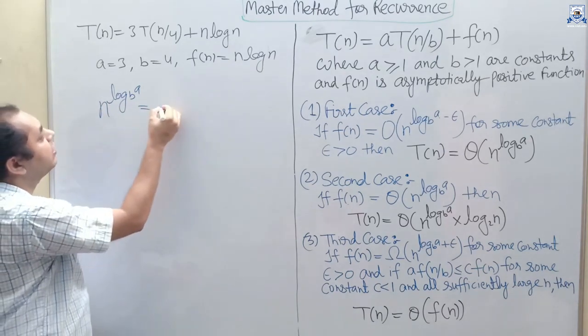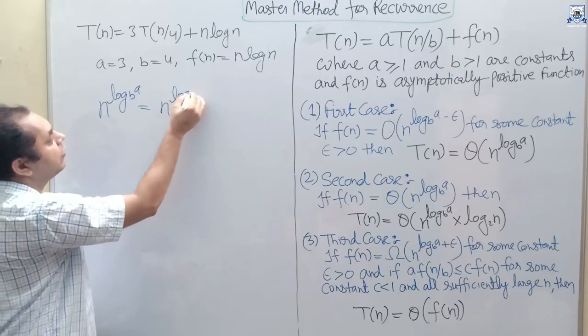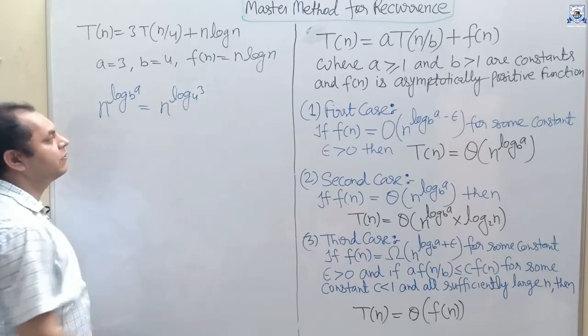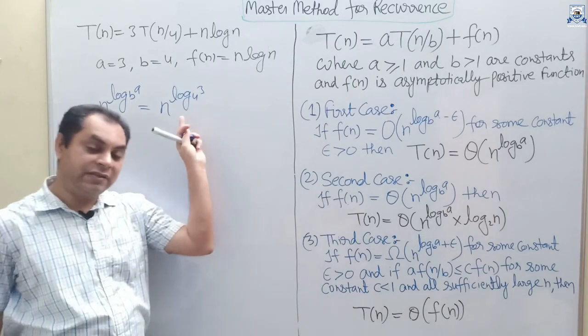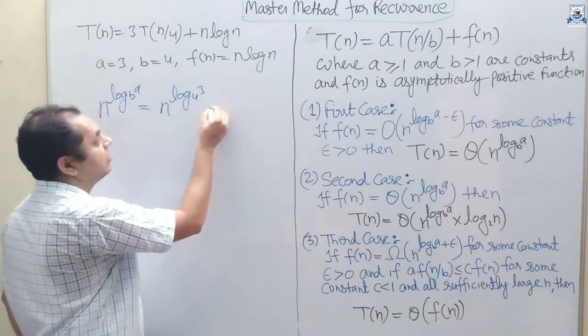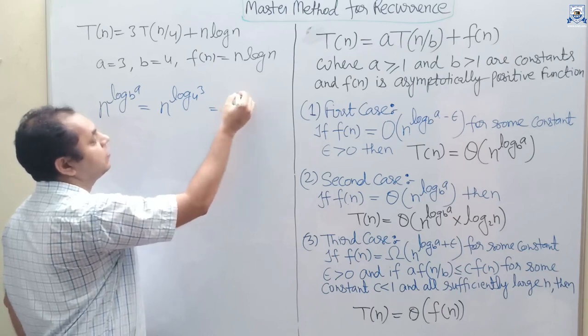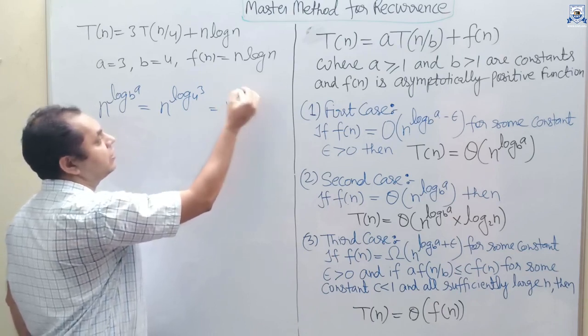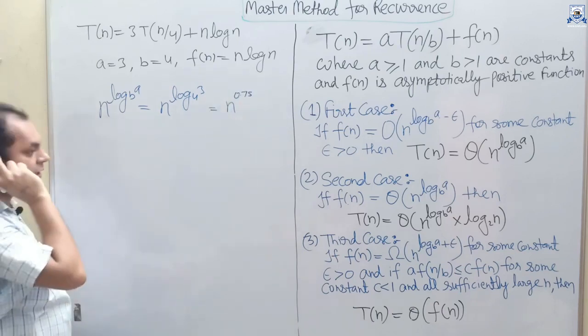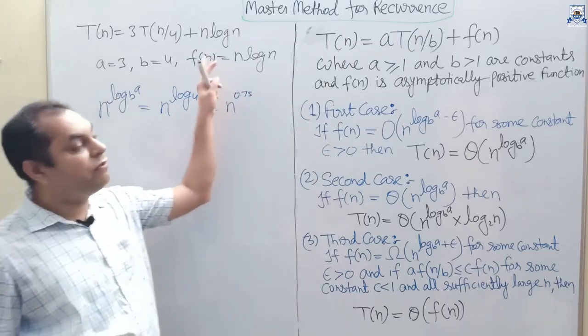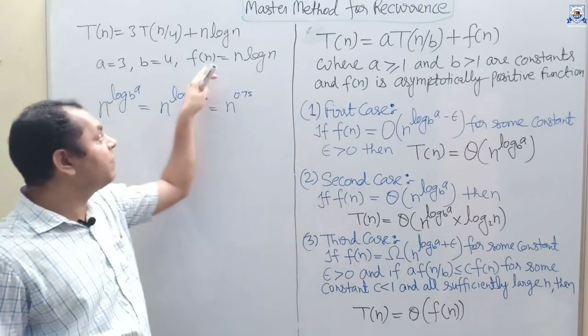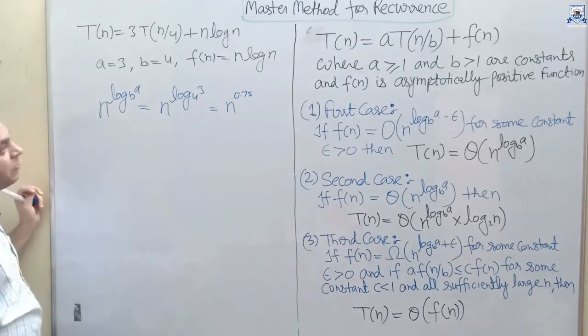It would be n to the power log 3 at base 4, and the value of log 3 at base 4 is 0.75, so it is n to the power 0.75.